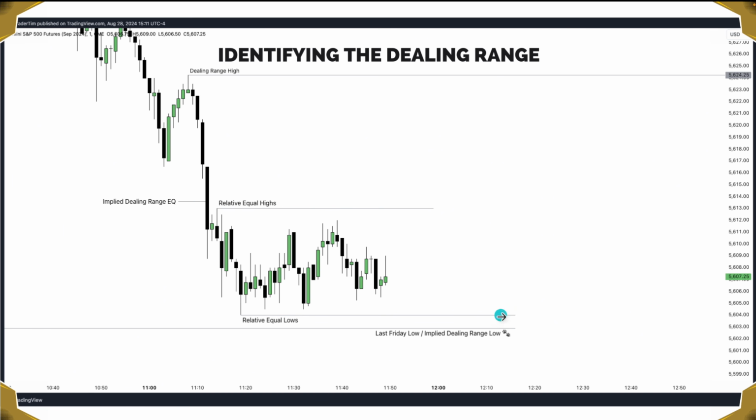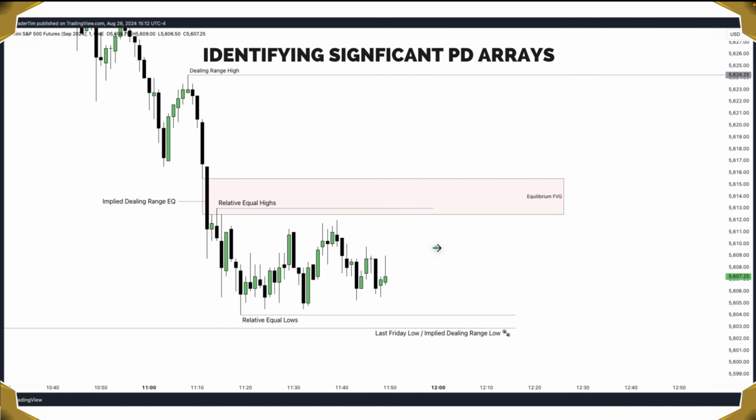So when we have stuff like this where we're falling just short of a higher time frame sell side liquidity pool, in this case because we're bearish, I'll use that for my implied dealing range low to get a more refined equilibrium level. And we'll see how that plays out as we continue throughout the presentation. But you have your implied dealing range low, your implied dealing range high, and this right here, your implied dealing range equilibrium.